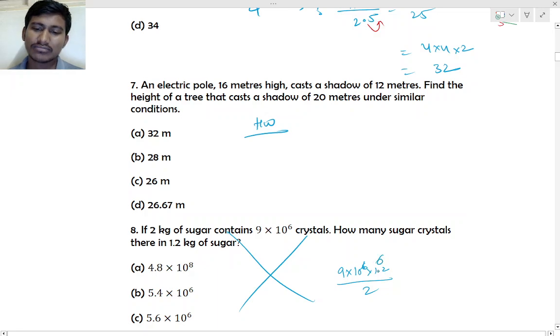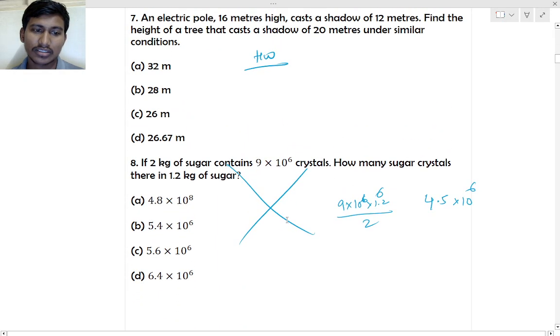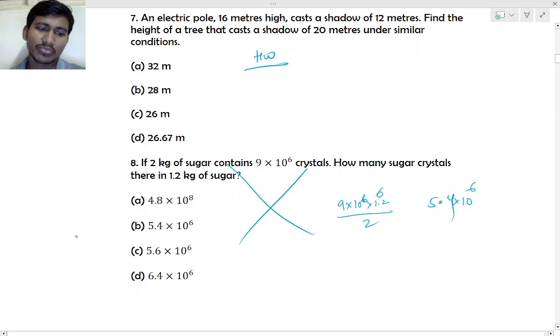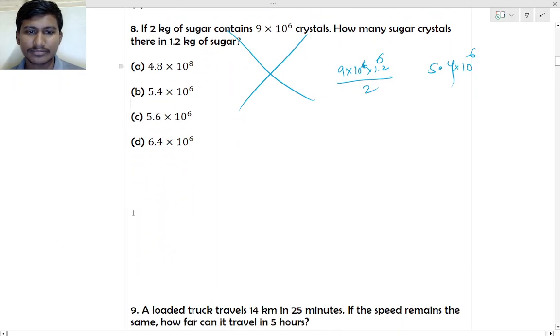So 6 will come here, and the 1 point will go away. 9 6s are 54. So it is 5.4 into 10 power of 6. That is the answer, but don't do it.